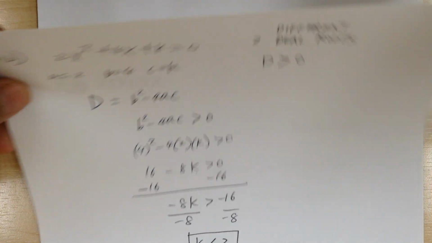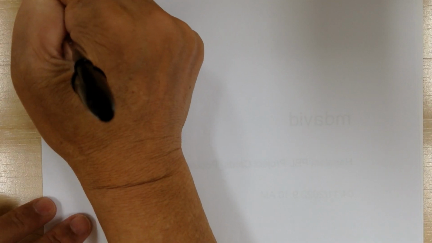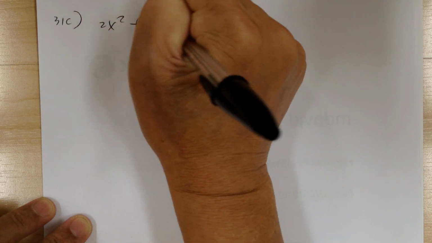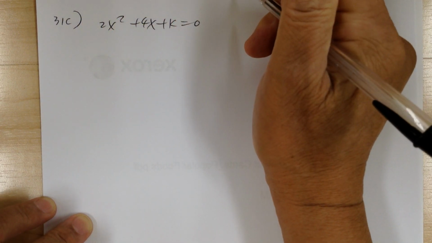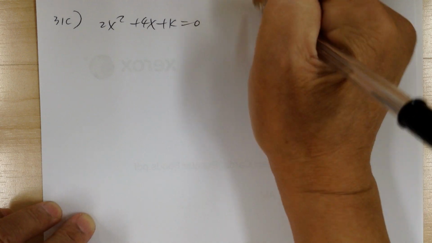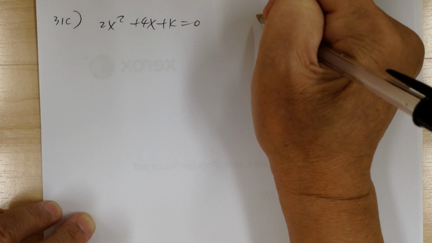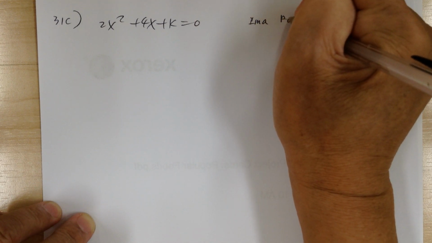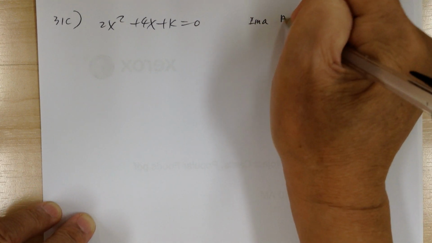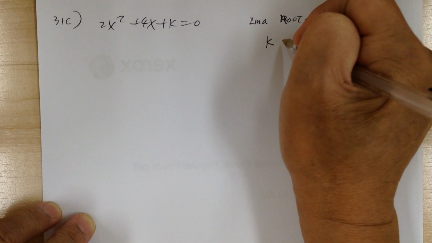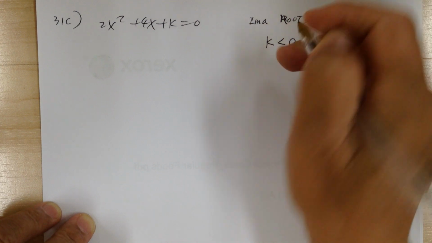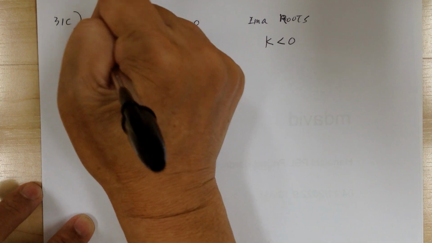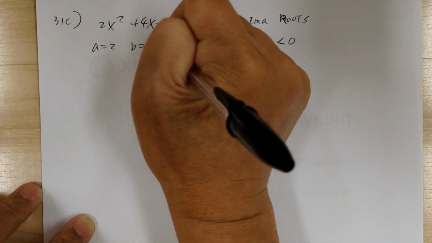Now let's go to c. So you got 2x squared plus 4x plus k equal to 0. Now this one you got imaginary roots. Okay. So imaginary roots, that means k had to be less than 0. It's going to be negative. Okay, so you can start with your, so you got a equal to 2, b equal to 4, c equal to k.